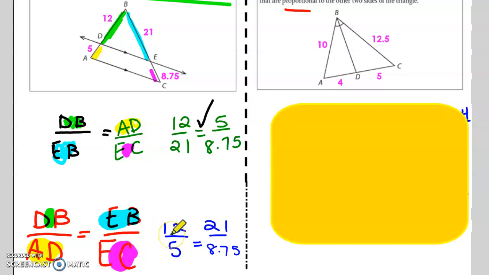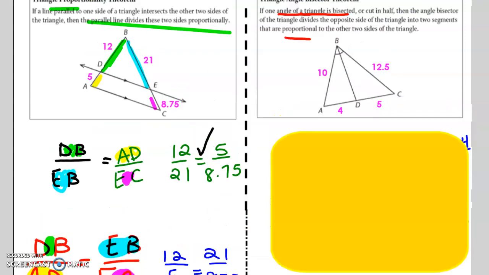Hopefully the color coding helps. And if you look at this ratio, they are in fact equal to each other as well. All right, so that is just the triangle proportionality theorem.